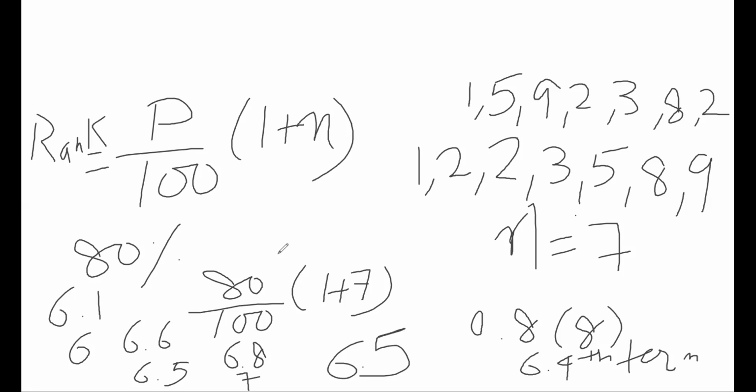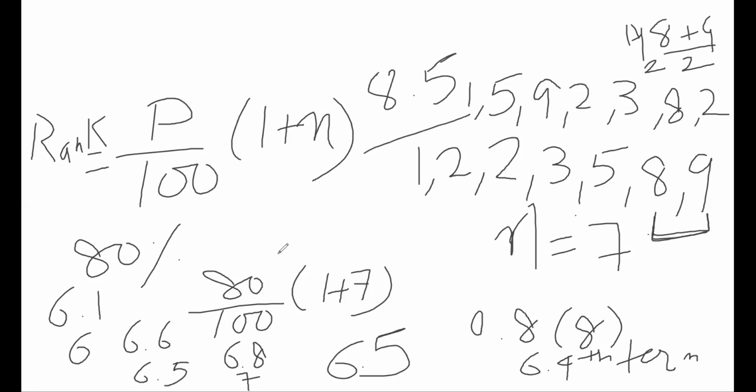Here we have terms 1, 2, 3, 4, 5, 6 and 7. So the 6.5th would be the average of the 6th and 7th terms. The average of the 6th and 7th terms would be (8 plus 9) divided by 2, which is 17 by 2, which comes out to be 8.5.